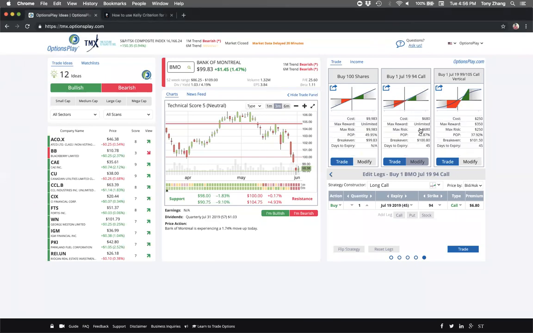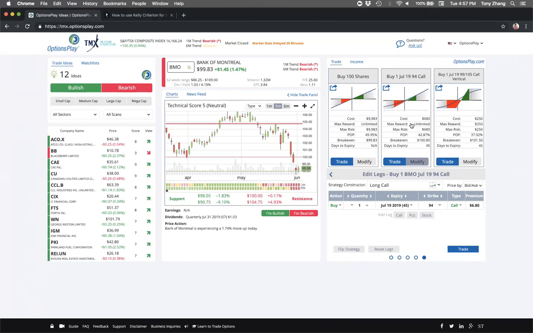The reason we created the OptionsPlay score is because most people will look at max reward of this call, unlimited, max risk is 680, and probability of profit is 42%, and not really know whether that's good, bad, poor or good from a risk reward perspective, from a probability perspective. And we realized that it's hard to calculate these things, even if you knew what all of these things meant.